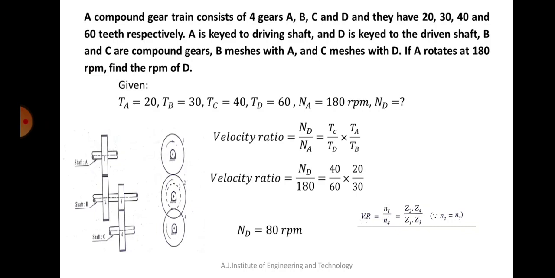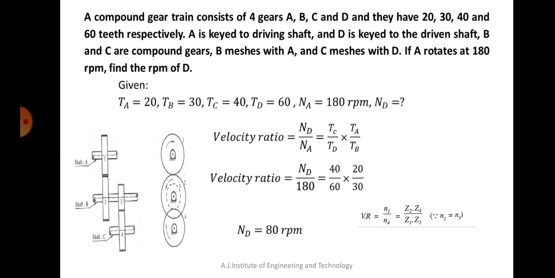So what you have to do, first write down the data, whatever is given. Number of teeth for all the gears are given. TA is given, TB is given, TC is given, TD is given. Same way NA is given but ND is not given.